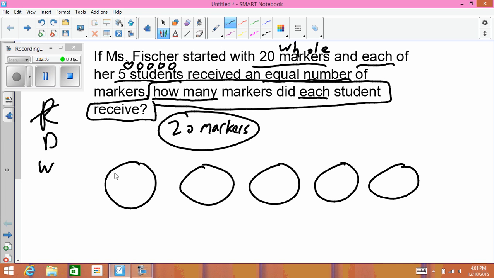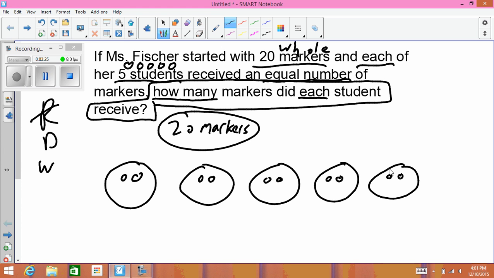So what I'm going to do is count to 20, making sure to give an equal number to each group. But to do that, I just give each group a marker one at a time. So I'm going to count to 20 by using my groups. So 1, 2 markers, 3 markers, 4, 5. Then go back to your first group. 6 markers, 7 markers handed out, 8 markers handed out, 9 markers handed out, 10 markers handed out.